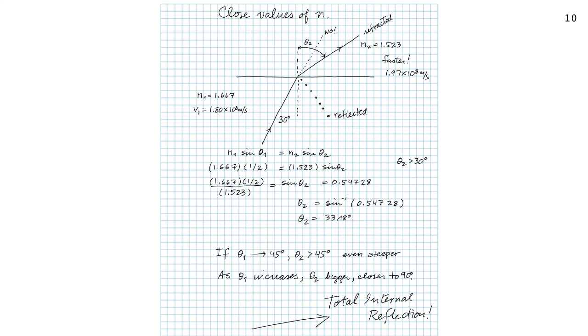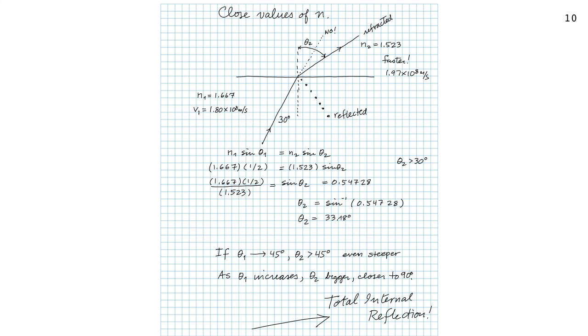Now, students, if theta 1 now is steeper, let's make it 45 degrees. All right, that's another nice easy number.